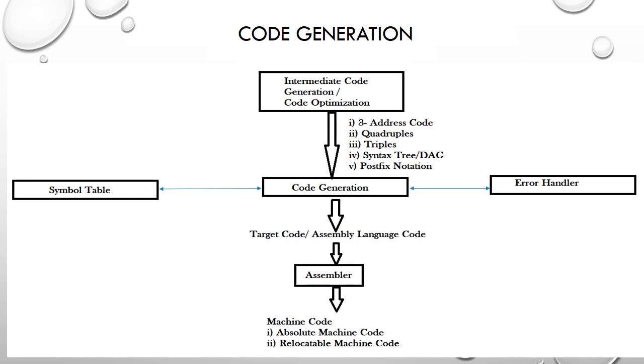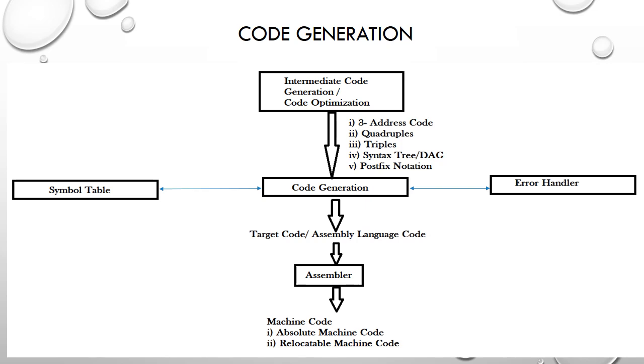Now this machine code can be of two types. One is the absolute machine code, and the other one is the relocatable machine code. We should take an example to understand this. Absolute machine code means, let's say we have a statement and we have variables which have to be assigned some values. During the compilation process, in the phase of code generation, if we have fixed that this variable will go to this location and that variable will go to that location, it is called the absolute machine code.